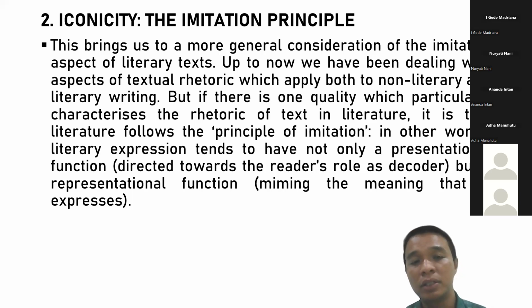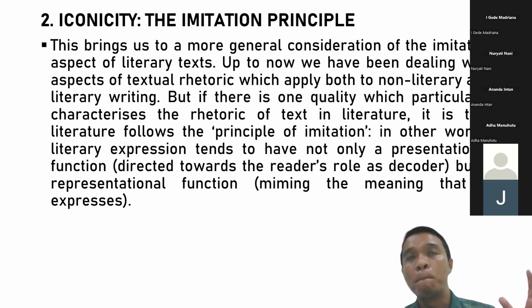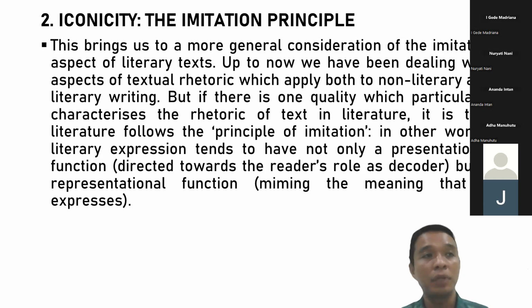It is a must, an obligatory principle, because it is really beneficial in determining the representational function, from the aspect of the speaker and also the reader.